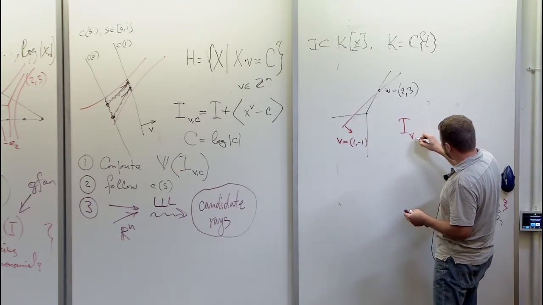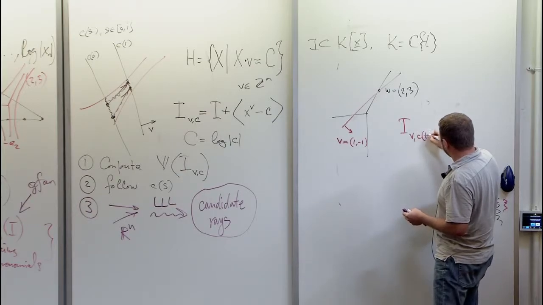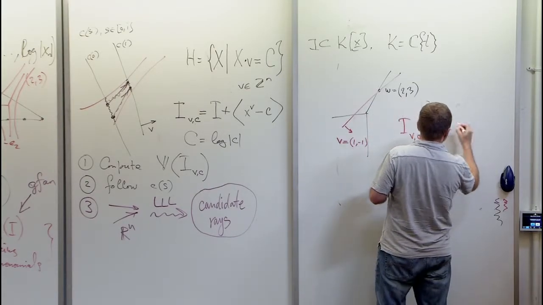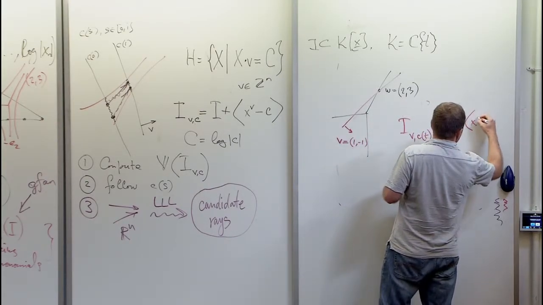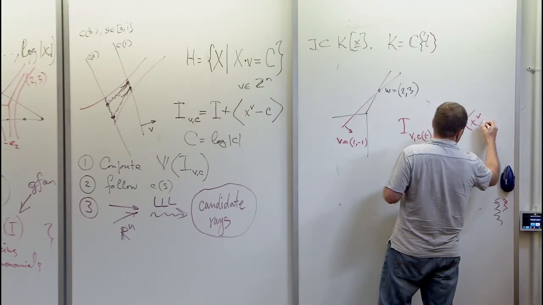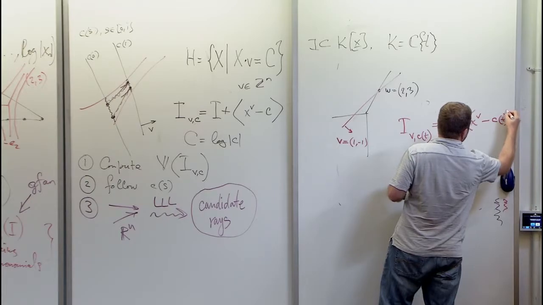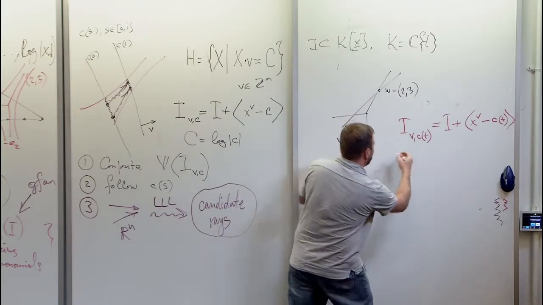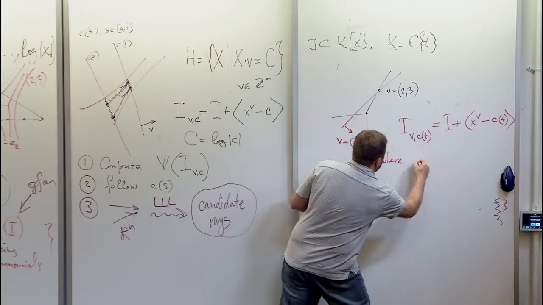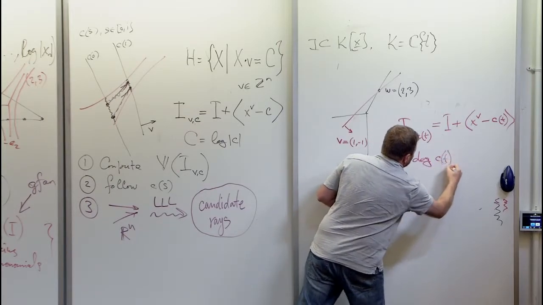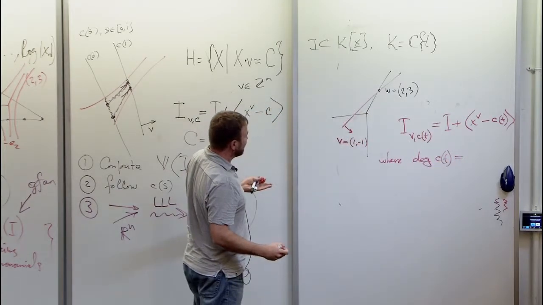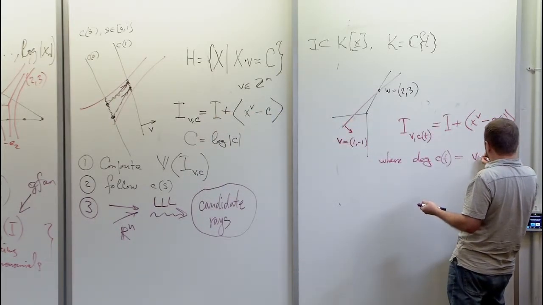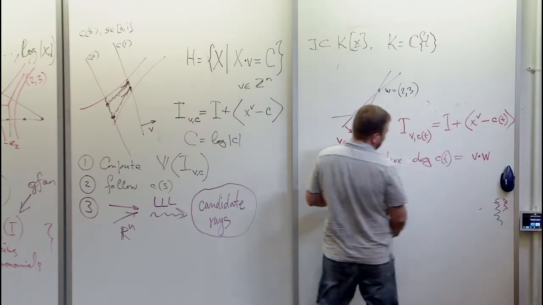I can define I_{v,c(t)}, which is my I plus x to the v minus c(t), where c(t) is now a Puiseux series with the same valuation, where the degree of c(t) is equal to, well, I would have to pick it, v dot omega.